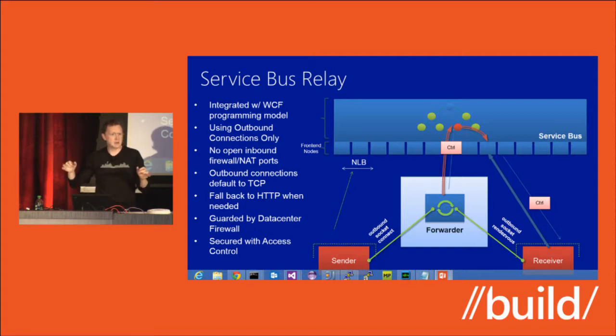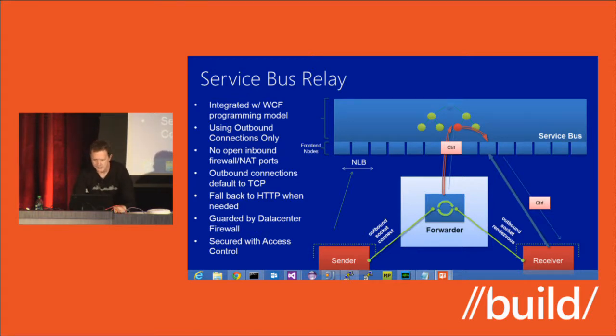So it means that you're able to take a service and project it for use for your business partners without anyone having to open any ports on their firewall. And it does this in a smart way. It will attempt to establish connectivity to the relay using TCP. If TCP is unavailable due to firewall restrictions, then it will negotiate down to HTTP or HTTPS. So let's see what that looks like.